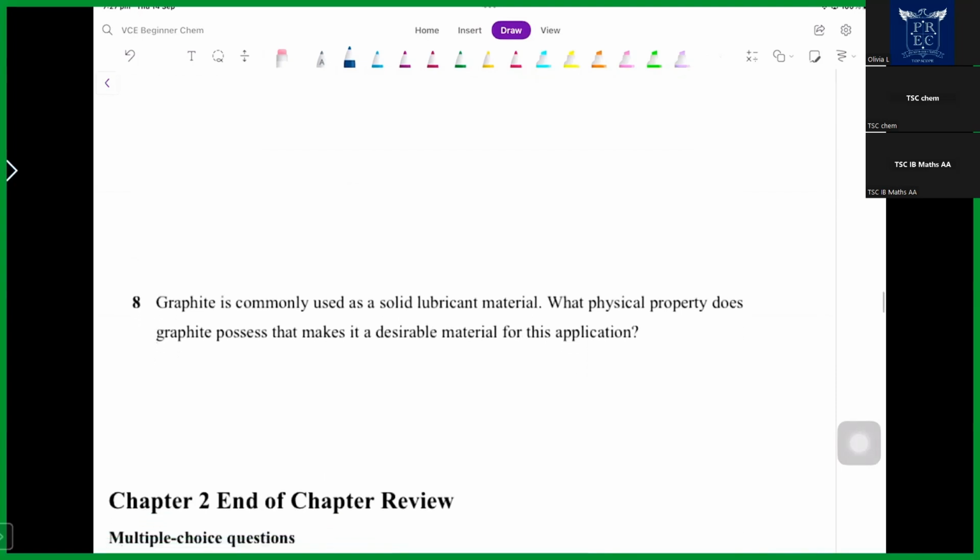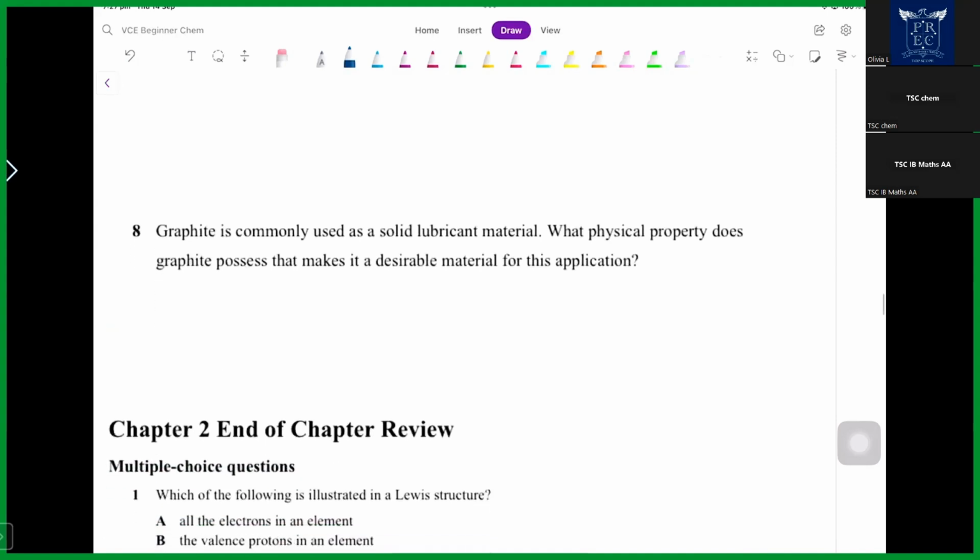Maybe I'll go through this. Okay, remember for graphite, we have a trigonal planar structure. So what is there between the layers of a trigonal planar structure in graphite?